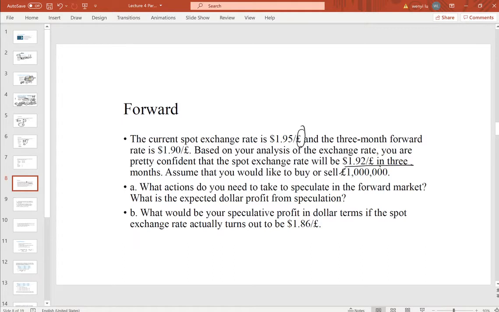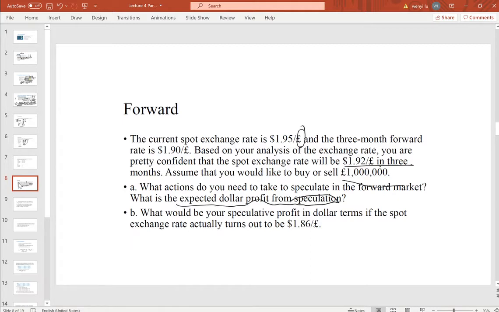Assume you would like to buy or sell £1 million. What action do you need to take to speculate in the forward market? What's the expected dollar profit from this speculation?